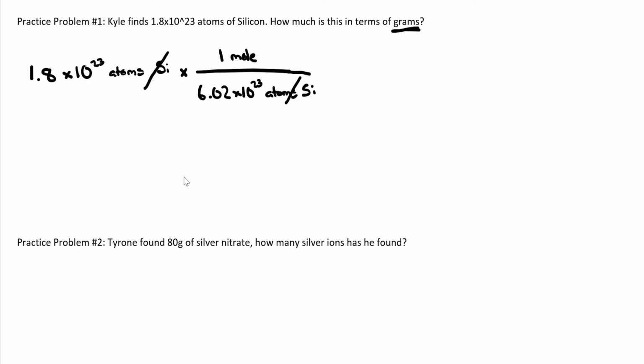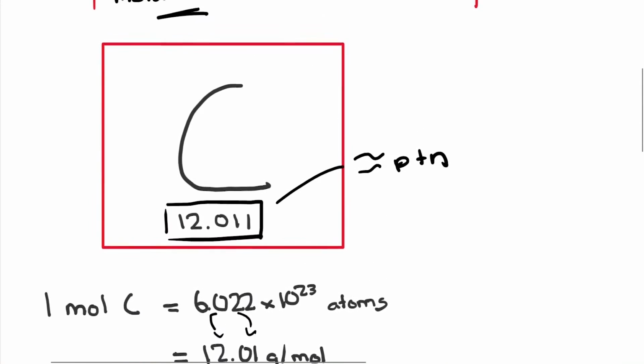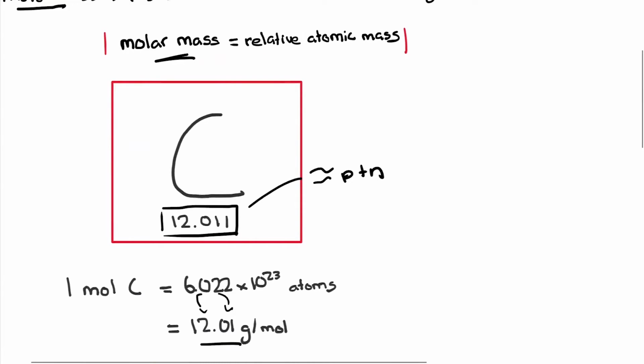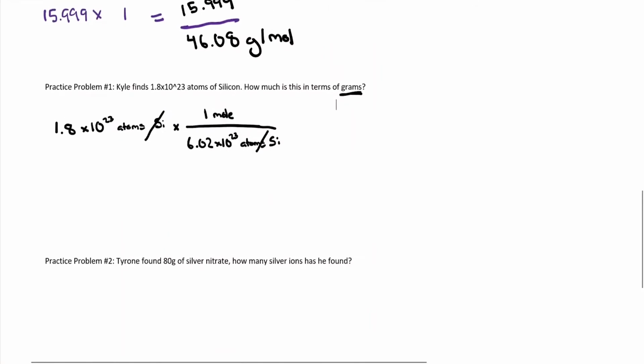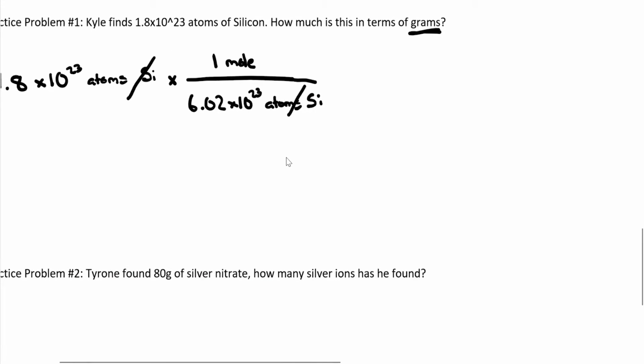So the way we can convert from moles to grams of silicon is by using the concept of molar mass as we just learned. So what we can do is look at the periodic table, and on the periodic table you'll find that the molar mass of silicon, or the relative atomic mass of silicon, is roughly 28.08. Right? That relationship, the relative atomic mass, is equal to molar mass. So we can use that relationship here once again.